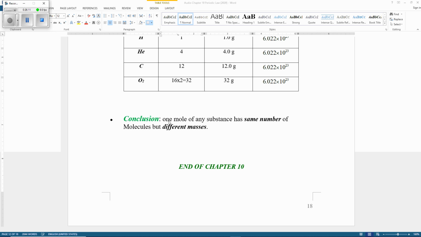So the conclusion tells us 1 mole of any substance has the same number of molecules but different masses. Same number, different mass. That's the mole.